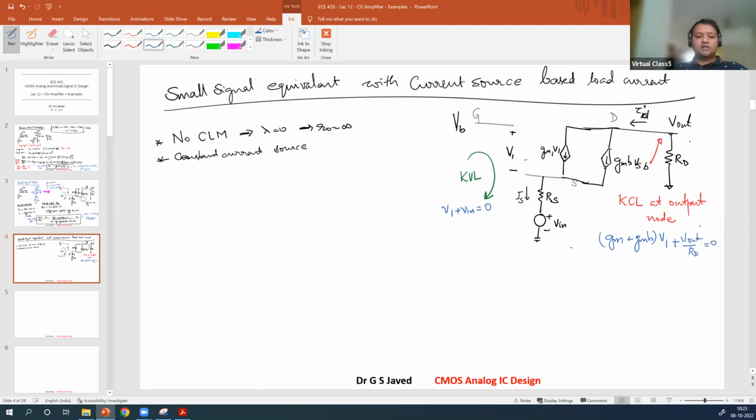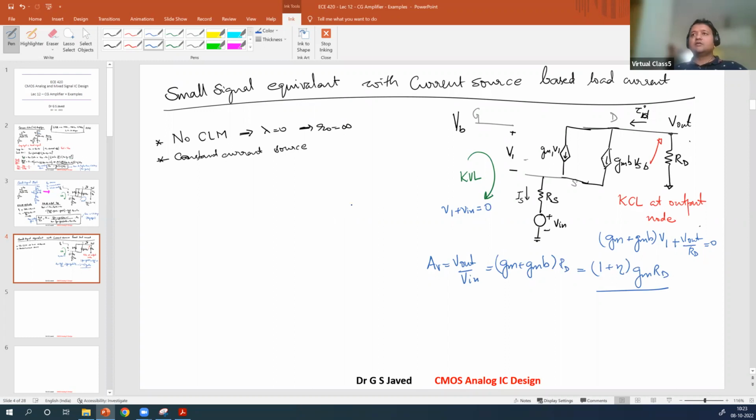So if you take these two conditions, you get your AV, V out by V in, equal to (GM plus GMB) times RD, or that is equal to (1 plus eta) times GM RD. So this again shows that the non-inverting characteristic is present.